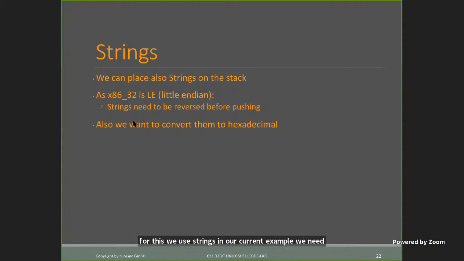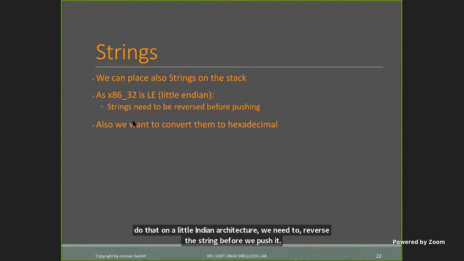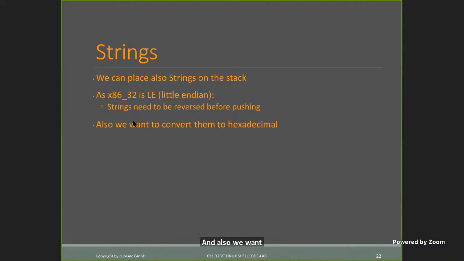One thing is the path name, /etc/passwd, right, which is a string. And the other thing will be the entry for passwd. To do that on a little endian architecture, we need to reverse the string before we push it. And also, we want to convert it to hexadecimal.